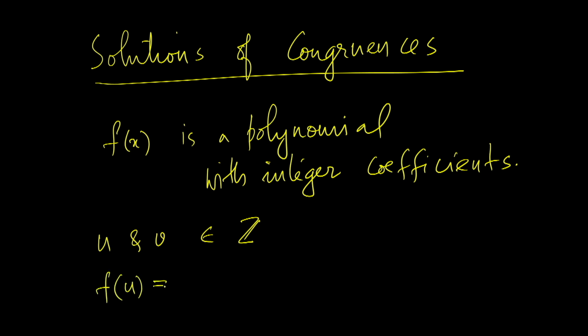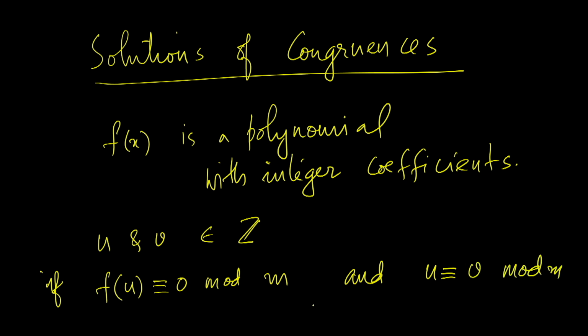If f of u is congruent to 0 mod m, and u is congruent to v mod m, you can readily verify that f of v is congruent to 0 mod m.